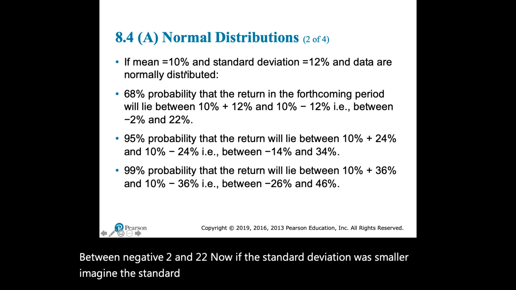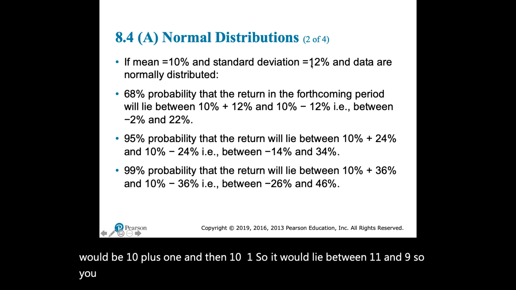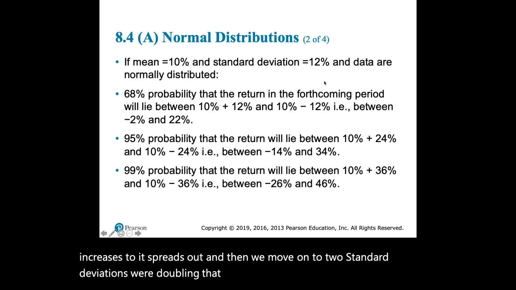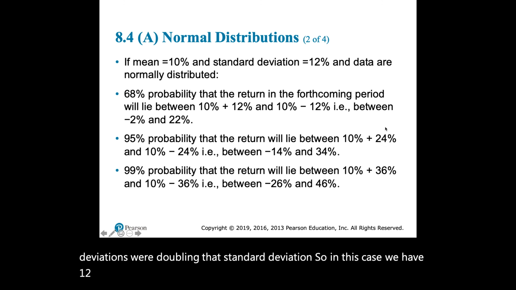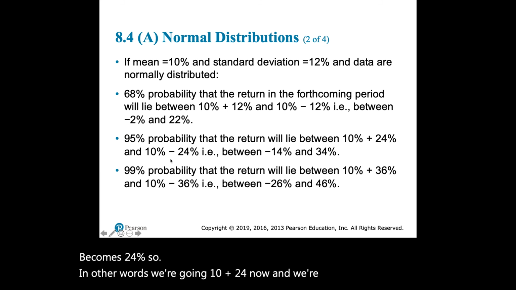So you can see when we increase the standard deviation, the range increases too. It spreads out. Then we move on to 2 standard deviations. We're doubling that standard deviation, so 12% becomes 24%. We're going 10 plus 24 and 10 minus 24. So when we're dealing with 2 standard deviations at 95%, we're looking at a greater range of -14% to 34%.